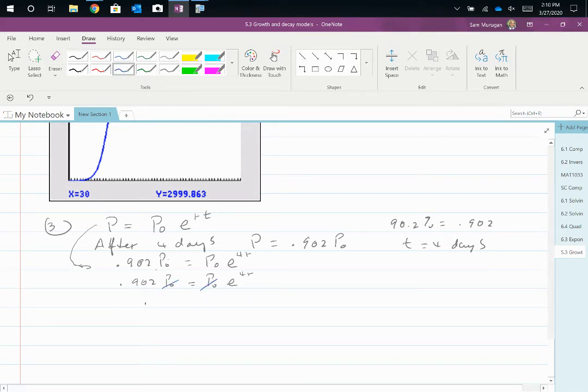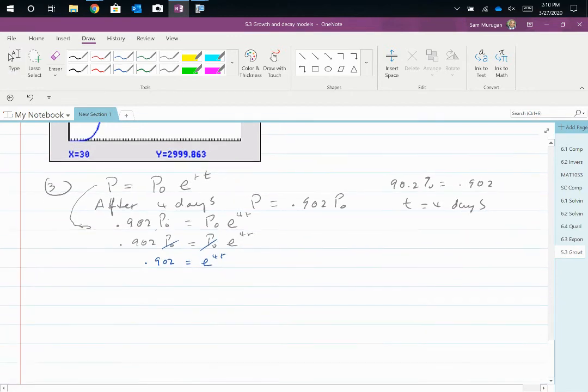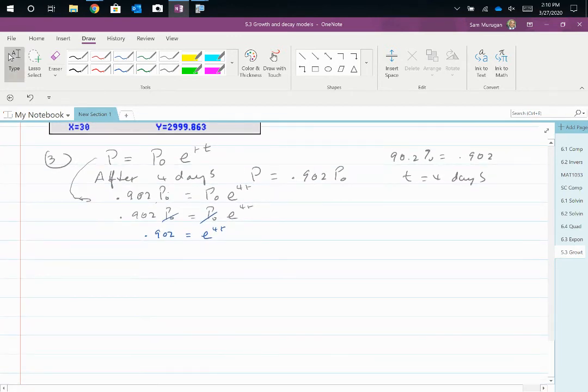So we have 0.902 is equal to e to the power 4r. Take logarithms on both sides, so ln 0.902 is equal to ln e to the power 4r.